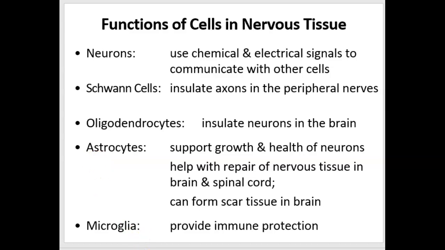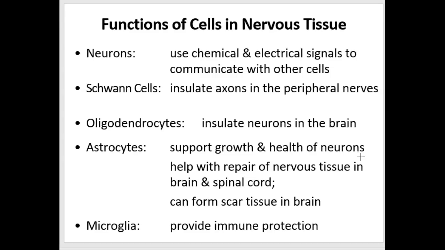Now, astrocytes have a function that just supports neuron health, repair, or growth. So astrocytes help nervous tissue because if neurons are transected for some reason, they may be able to regrow with the help of astrocytes. Schwann cells also help with that.